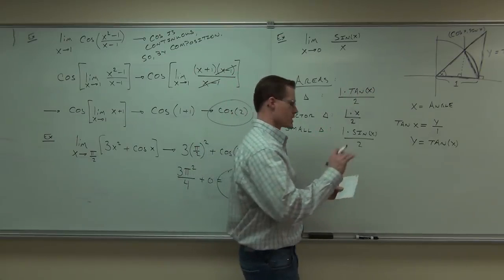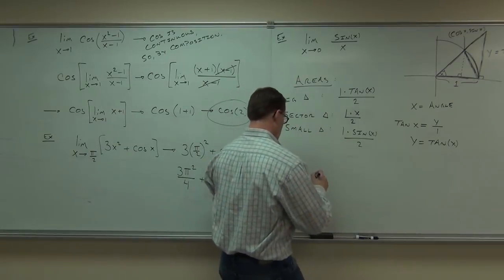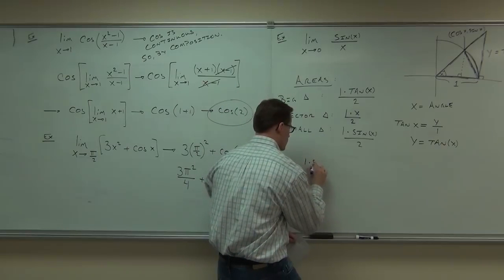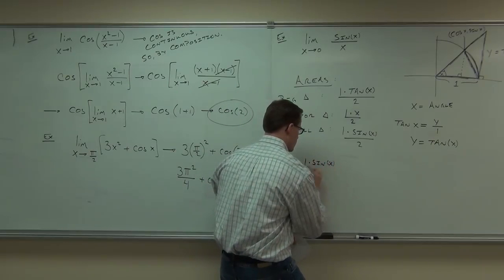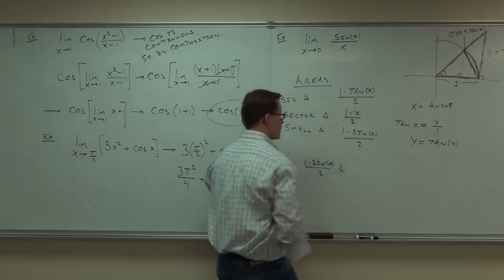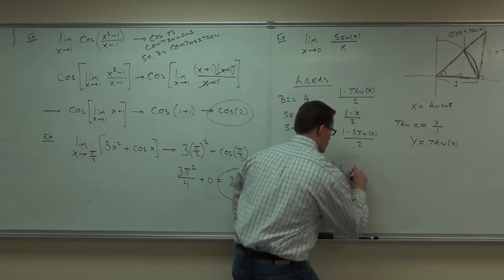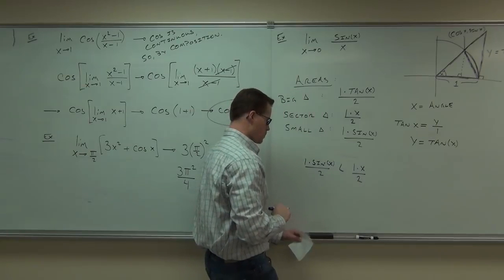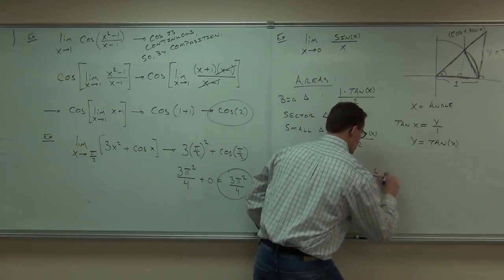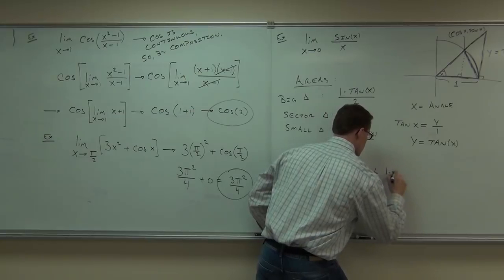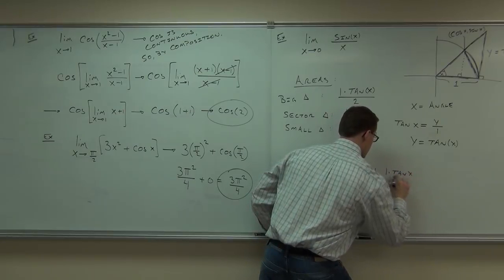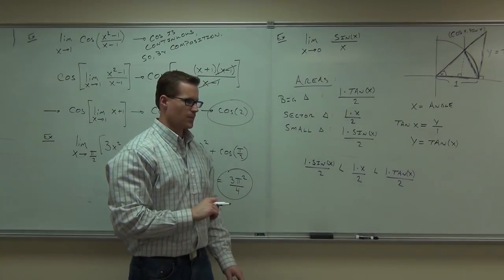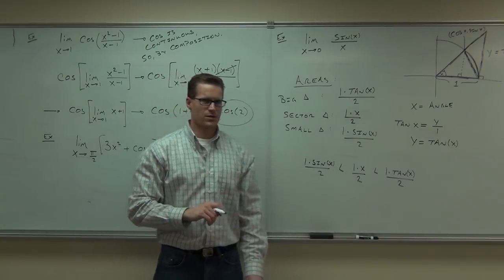What we're saying is that the area of the small triangle is less than the area of the sector, which is less than the area of the big triangle. Agreed or not?